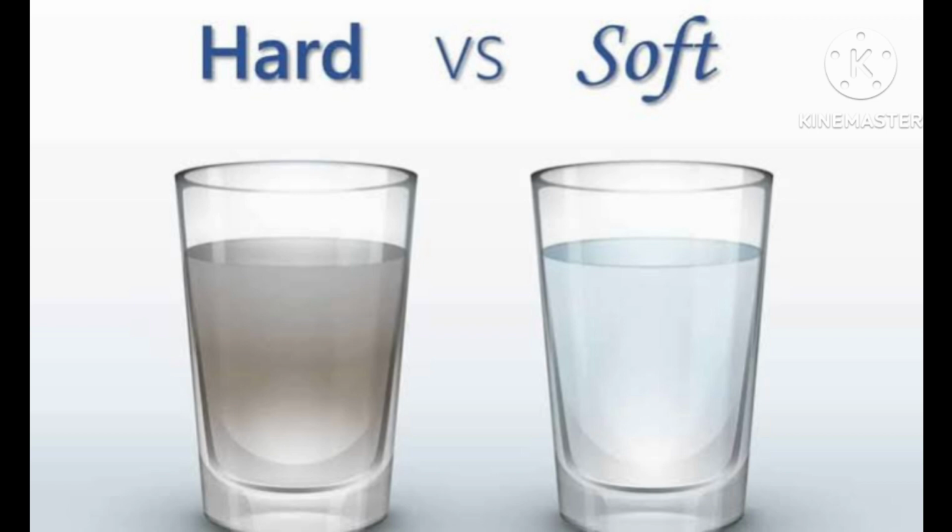Then this magnesium can also react with sodium stearate, in the same way. Two moles it will attract because it has two positive charge, and sodium stearate has one negative. This stearate ion has one negative charge, and sodium is one positive.